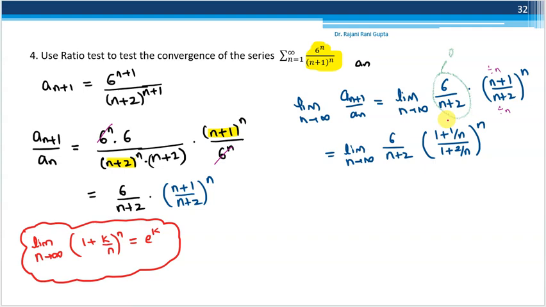To evaluate this limit, you need to use this result. The result says that the limit as n goes to infinity of 1 plus k over n, whole power n, is always e power k, where k can be any number.